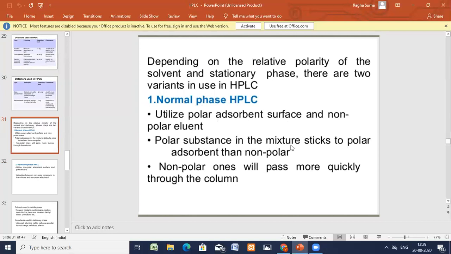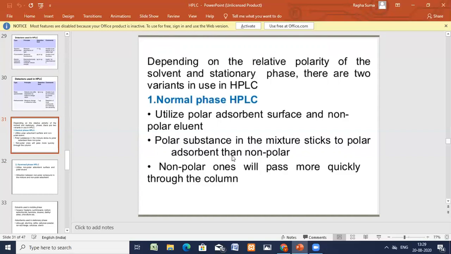Polar substances in the mixture stick to the polar adsorbent more than non-polar ones.